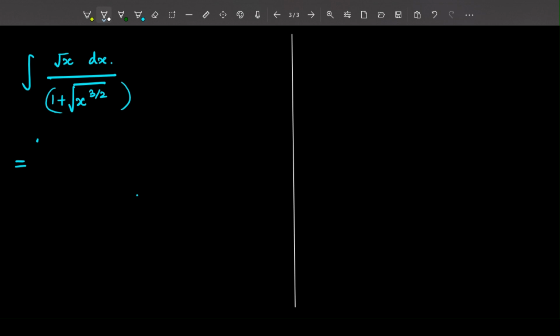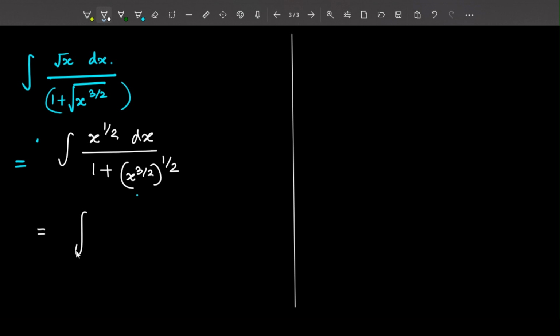So, the integral of root of x divided by 1 plus root of x power 3 by 2, dx. To start with this, I thought we'll convert all the root of x and root of x power 3 by 2 into fractional powers. So integration of x power 1 by 2 dx, the whole divided by 1 plus x power 3 by 2, the whole power 1 by 2.